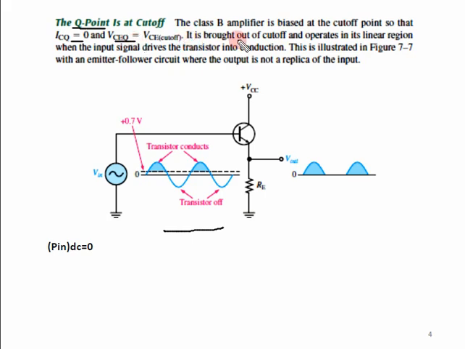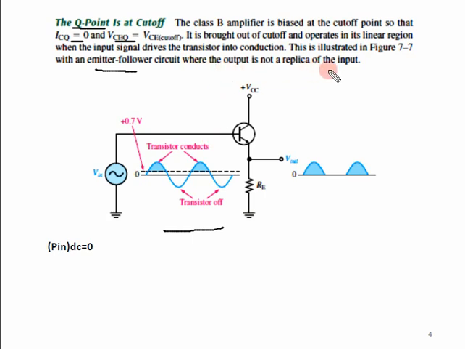It is brought out of the cutoff and operates in its linear region when the input signal drives the transistor into conduction. This is illustrated in figure 7.7 with the emitter follower circuit. This is a common collector amplifier.